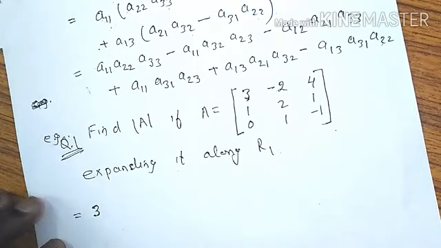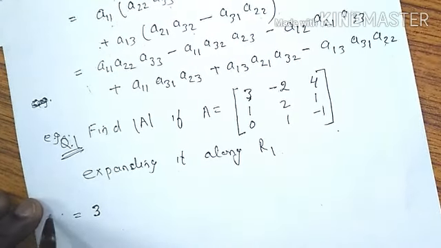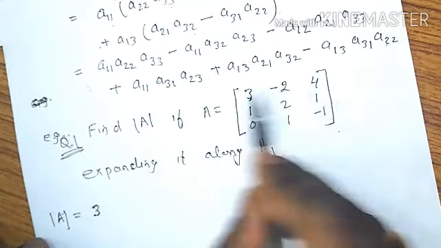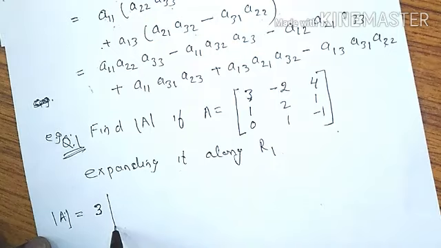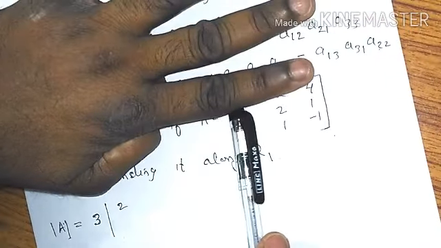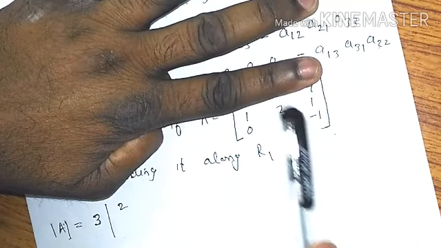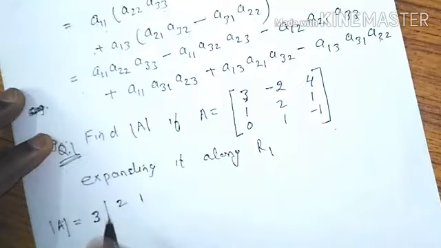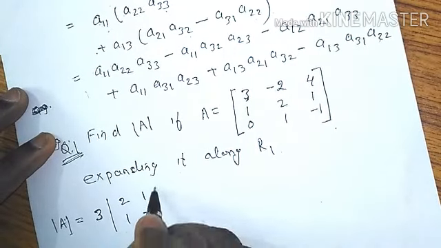Suppose this is the determinant of A. Then that particular row and column get deleted. The elements left are 2, 1 and 1, minus 1. So we will write here 2, 1, 1 and minus 1.